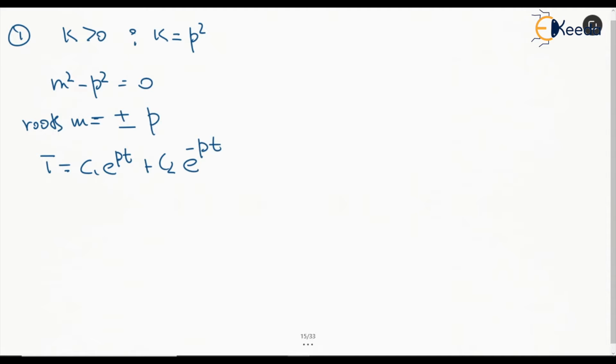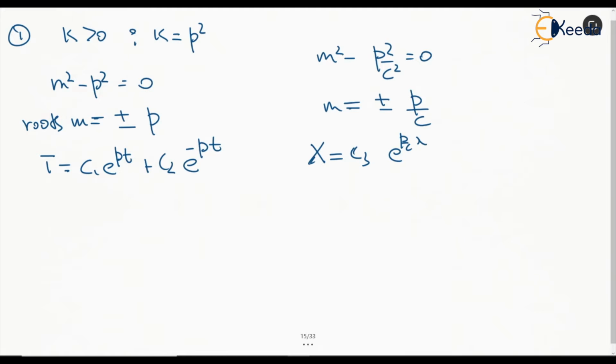On the other hand, the equation is going to be m square minus p square by c square equal to 0. So the roots are going to be m equal to plus and minus p by c. So again, real and unequal roots. So X is going to be c3, let's say another constant, e to the power of p by c x plus c4 e to the power of minus p by c x.